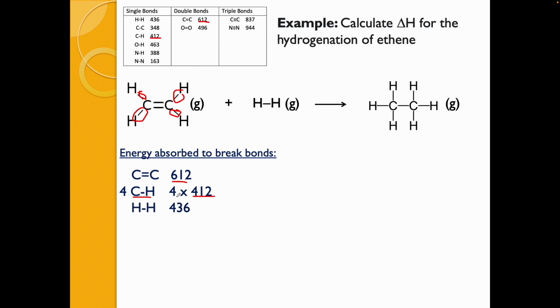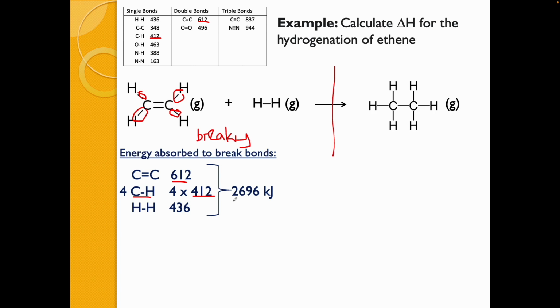Make sure you multiply by those coefficients. The most important thing is that you be careful and count all the bonds in all the different reactants. I am looking only at the left side, the reactants, at the moment, because this is the energy to break bonds. This is the break side. And so we'll add them all together, and we'll get 2,696 kilojoules.